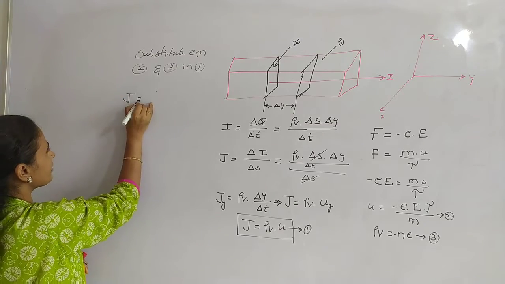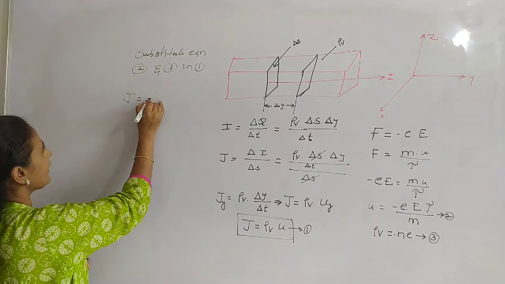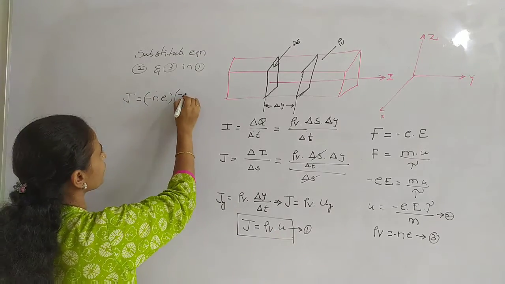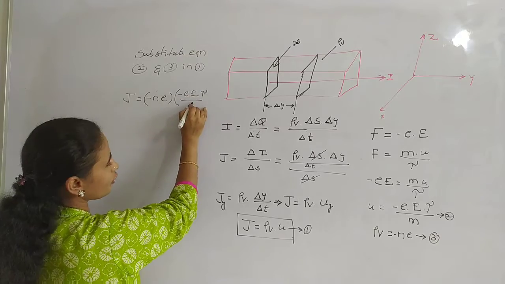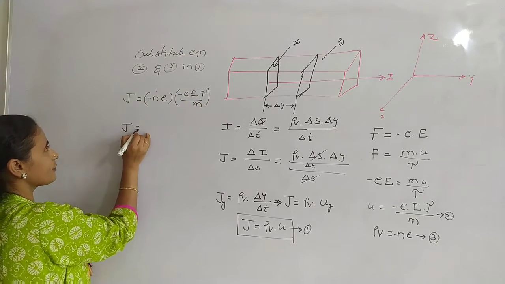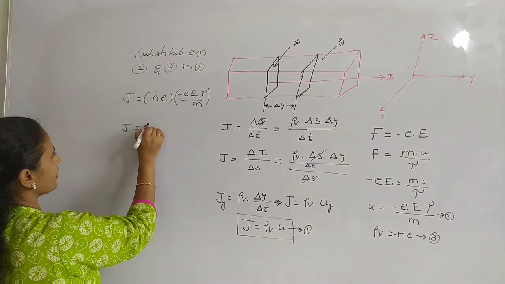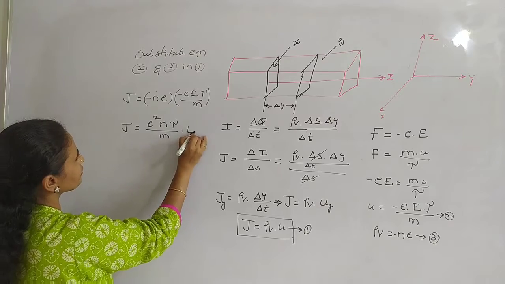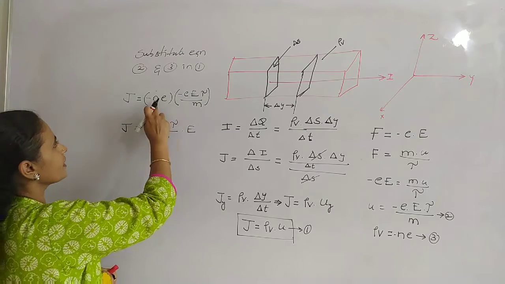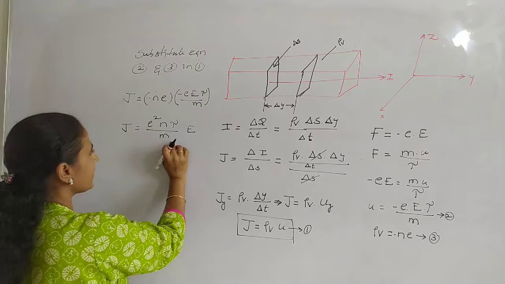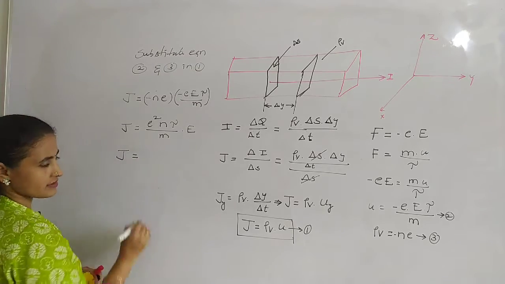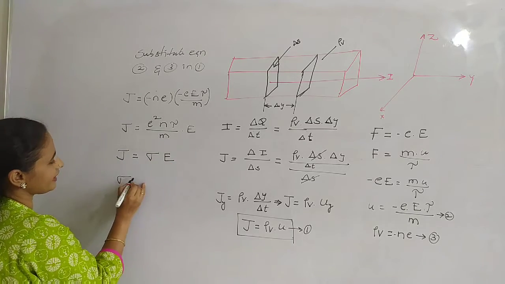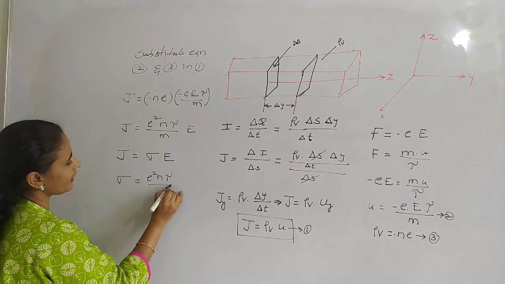So J is given by rho v, which is minus n e, and u, the velocity of the electron, which is minus e E tau by m. This gives e square n tau by m into E. So I can write J as sigma into E, where sigma is defined as e square n tau by m.